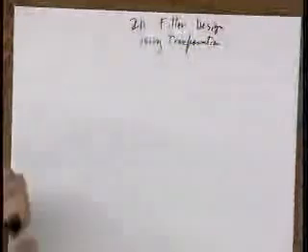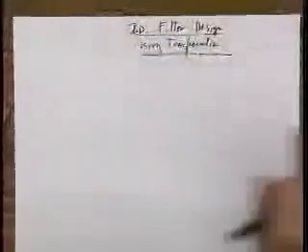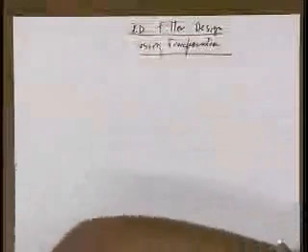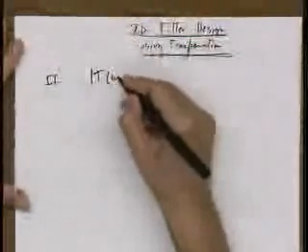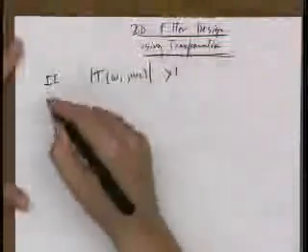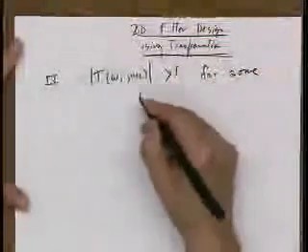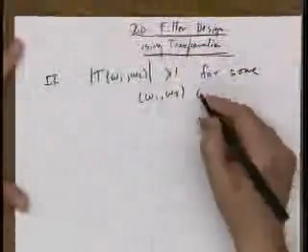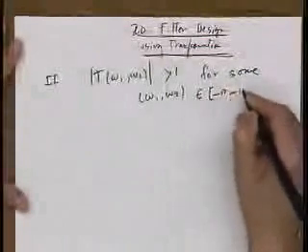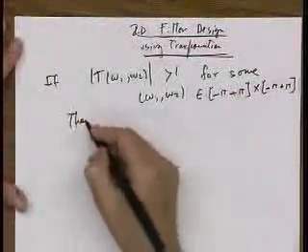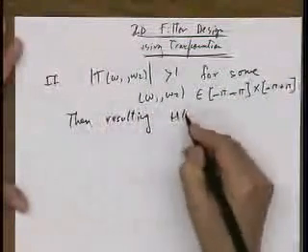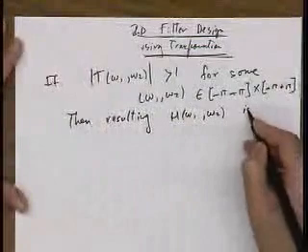Basically, the summary of all of the things that I just said was that if magnitude of t of omega 1 and omega 2 is larger than 1 for some omega 1s and omega 2s in between minus pi to plus pi times minus pi to plus pi, then the resulting h of omega 1 and omega 2 is, I would just call it ill-behaved.